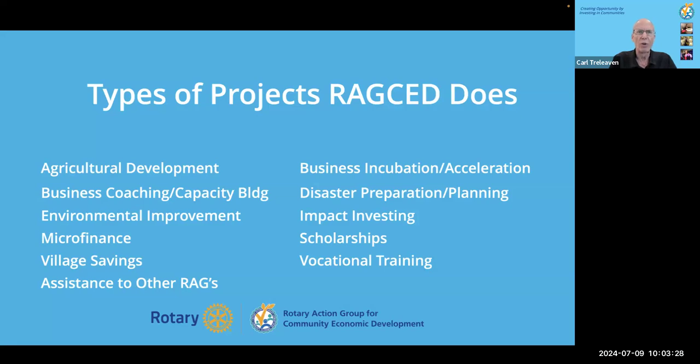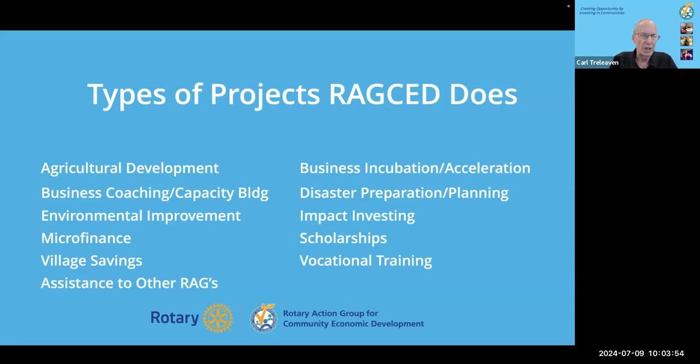We also are involved with the development of scholarships, particularly global grant scholarships from the Rotary Foundation. A relatively new area that we're involved in is village savings and loan and vocational training. Interestingly, vocational training is the biggest single area that RAGCED is involved with.